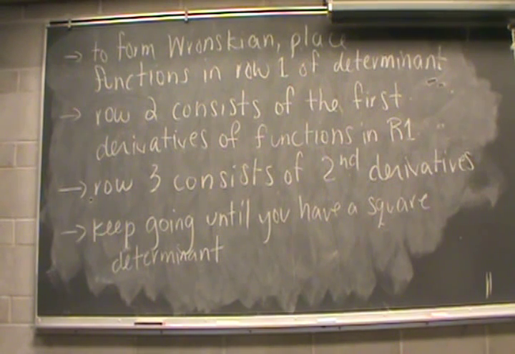The second row consists of all of the first derivatives of the functions in row 1. Then row 3 would consist of all the second derivatives of those functions. Row 4 would be the third derivatives, and so on. We keep doing this until we have a determinant that is square.